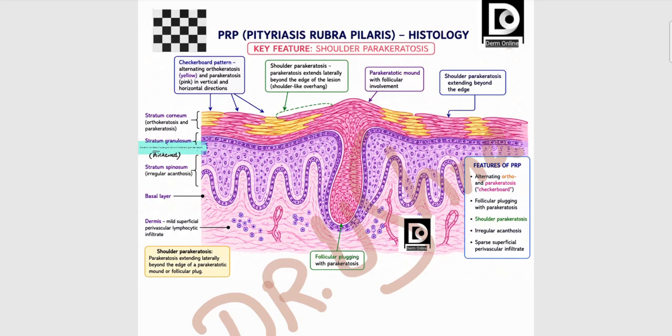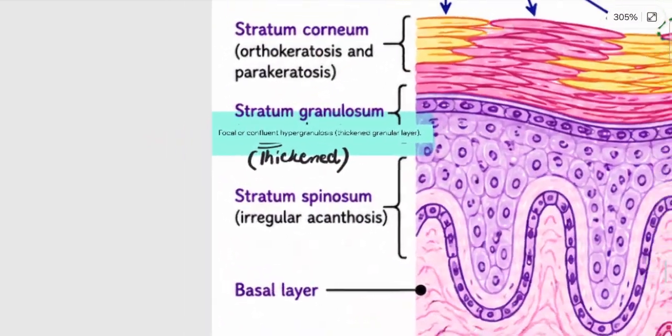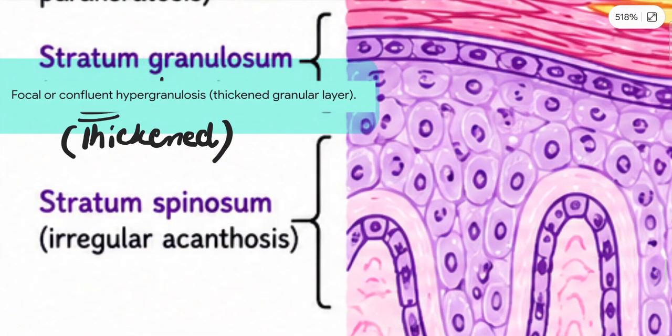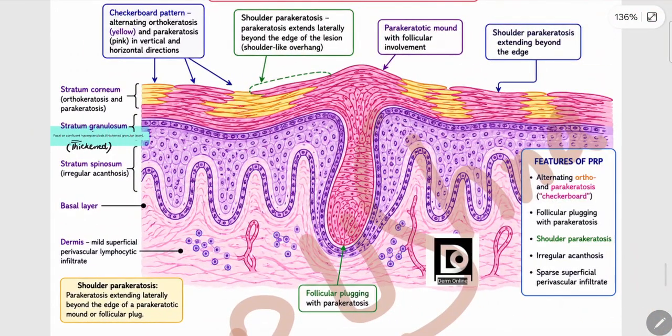If you go through the psoriasis video I made yesterday, compare the slide of psoriasis with the PRP, then you will be able to see that in psoriasis there is loss of the granular layer or a very thin granular layer, but in PRP you have very thick focal or confluent hypergranulosis. Okay, this is a feature of your PRP again.